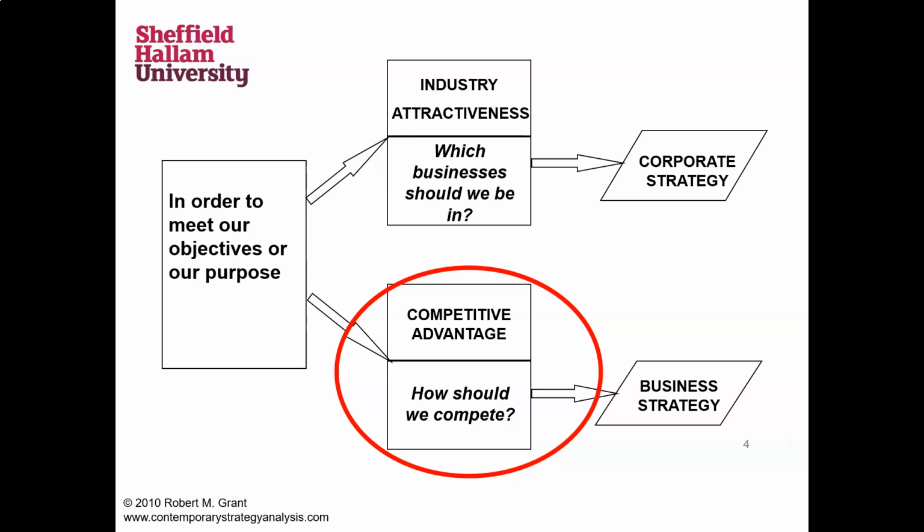In order to meet our objectives or purpose, we can ask a couple of questions. This week, we're going to ask the question, how should we compete? So we're going to say, in the businesses that we are currently in, or in the activities that we are currently in, how should we compete? Or how can we improve? So if we're a national governing body, or a public sector or government organisation, rather than saying how should we compete to be better than everybody else, to achieve better profits, we might say how can we improve to actually better meet our goals, our objectives.